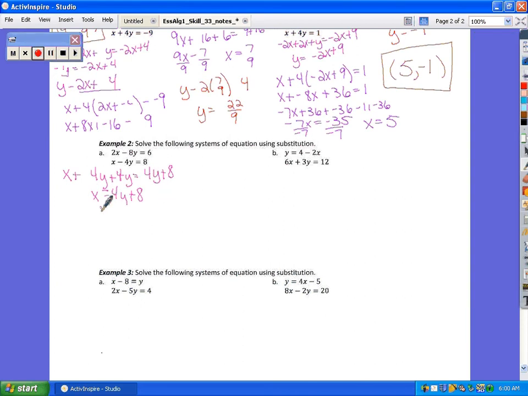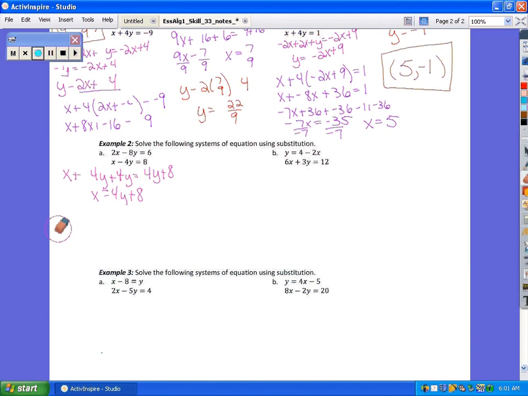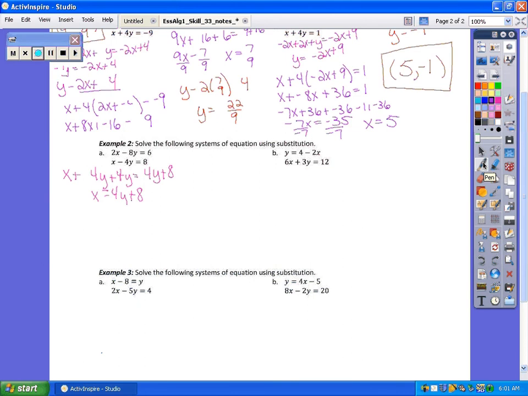So I need to go ahead and substitute in my top equation what I found for x. I'm so in the habit of solving for y that, as you see, I went ahead and started to put that in for y, but we really need to put it in for x.